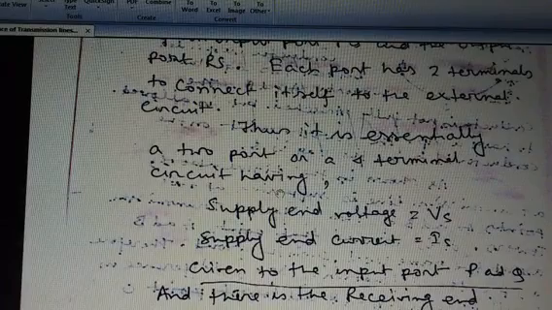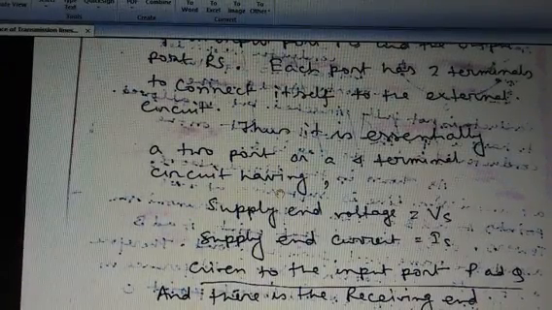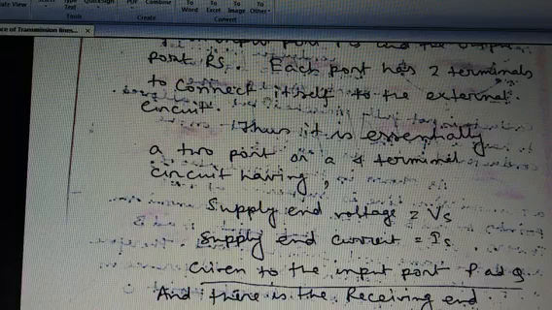Thus, it is essentially a two-port network or a four-terminal circuit network, which has some parameters.